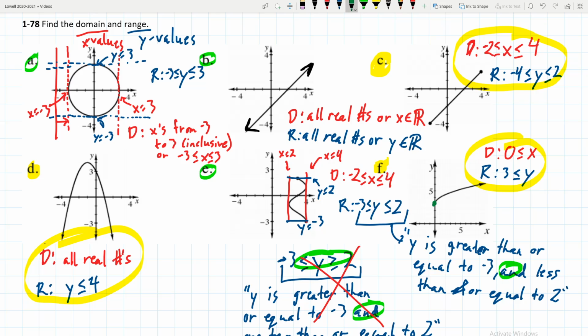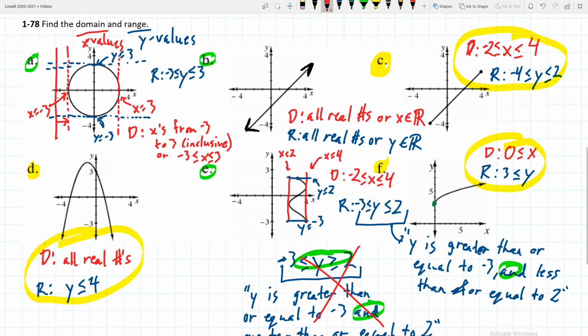So that's why the domain is, I say 0 is less than x. I could say 0 is greater than x, or greater than, sorry, excuse me. Our domain for f is 0 is less than or equal to x.